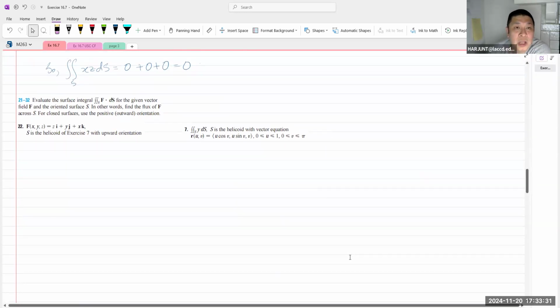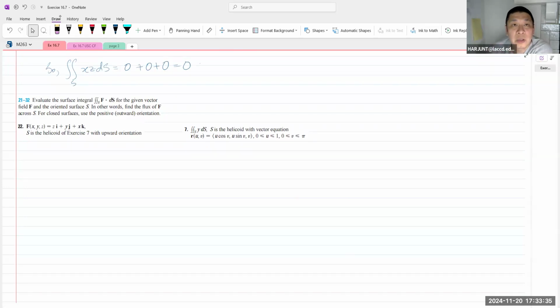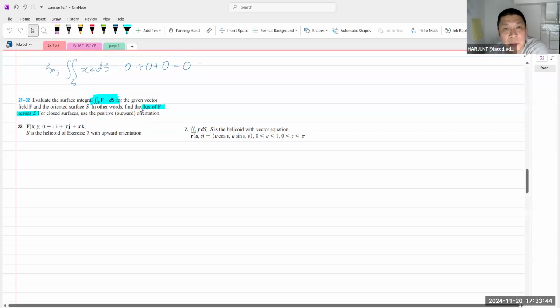Okay, let's go on. This time we will work with the surface integral of a vector field, or we simply call this integral here the flux of F across surface S. Let me enlarge that a little bit.